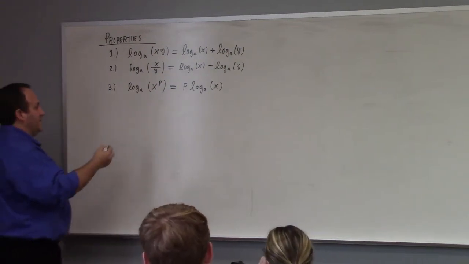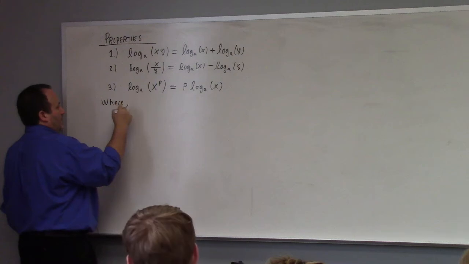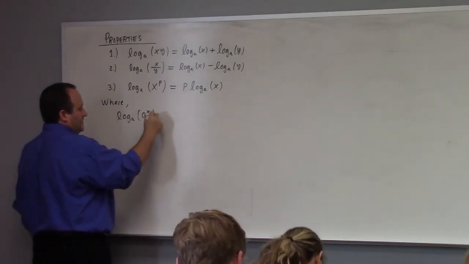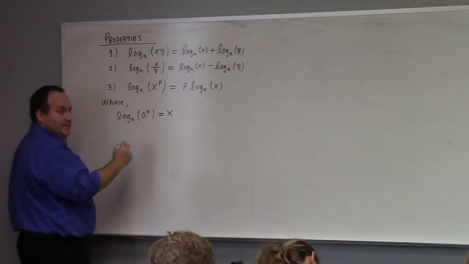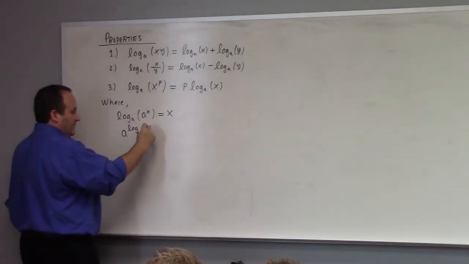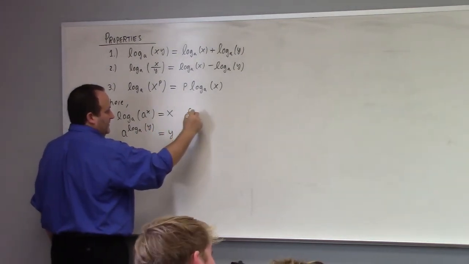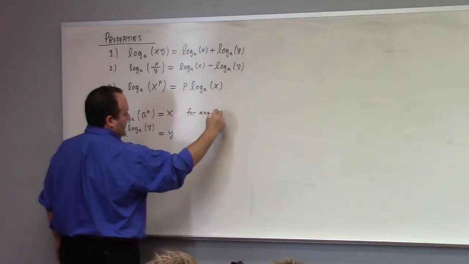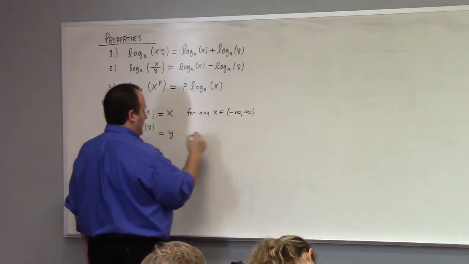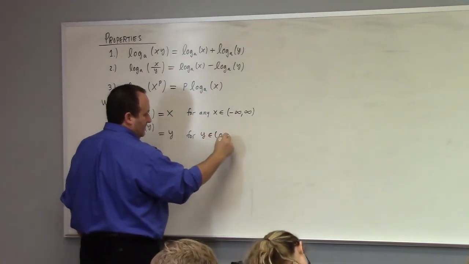And then, of course, we also have the defining properties. What were the defining properties? We have log base a of a to the x equals x, and a to the log base a of y equals y. The first is for any x in the reals, and the second is for y in the positive reals.